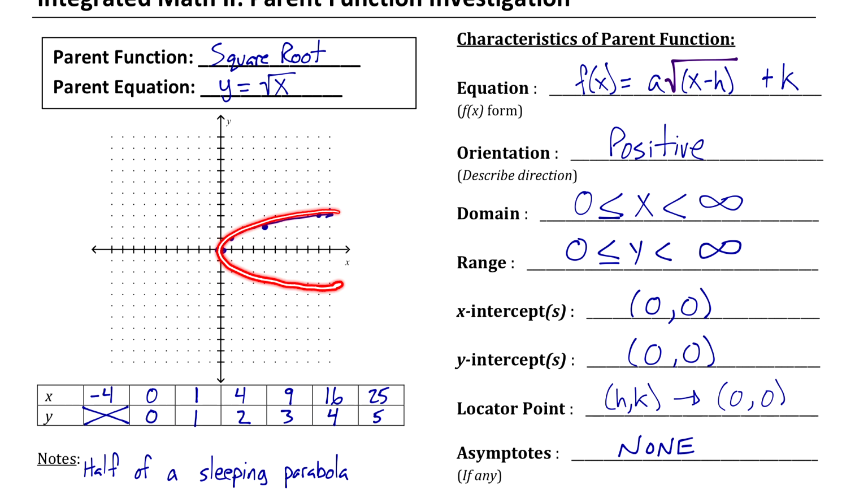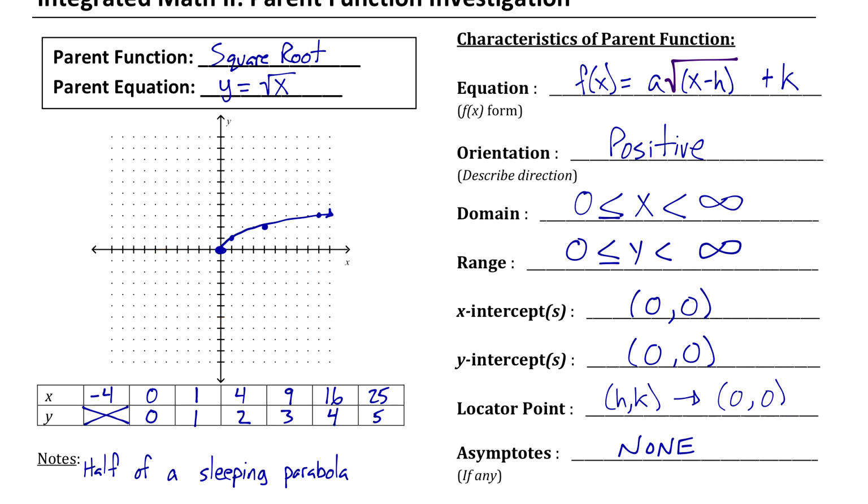That's the name, a sleeping parabola, which we haven't gone into quite yet. But if I only have half of it, then it gives me my square roots. So if I actually put two square roots, one on top and one on bottom, then it completes my sleeping parabola.